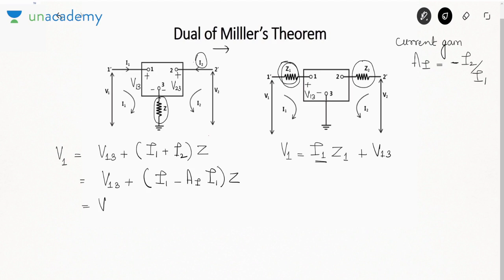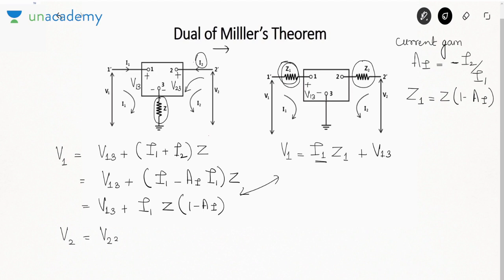So you can say V13 plus I1 Z (1 minus AI). If you compare these two equations, you can directly say that Z1 is Z into (1 minus AI).